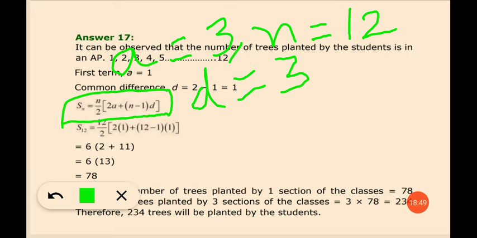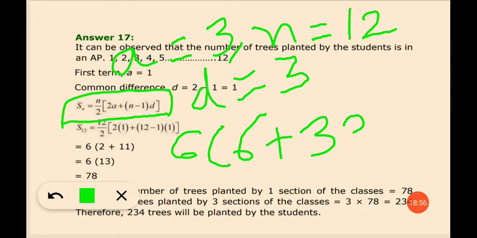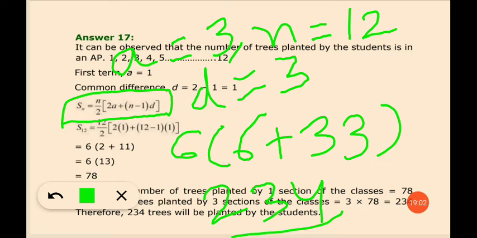So we are getting 6 multiplied by 6 plus 33, which on solving gives us 234. That is our answer.